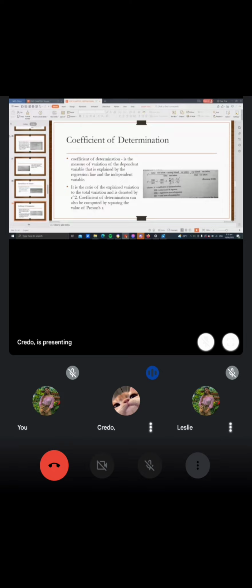Or r squared is equal to SSR over SST, which is equal to 1 minus SSE over SST, and is equal to 1 minus the summation of (y sub i minus predicted y sub i) squared over the summation of (y sub i minus y bar) squared.